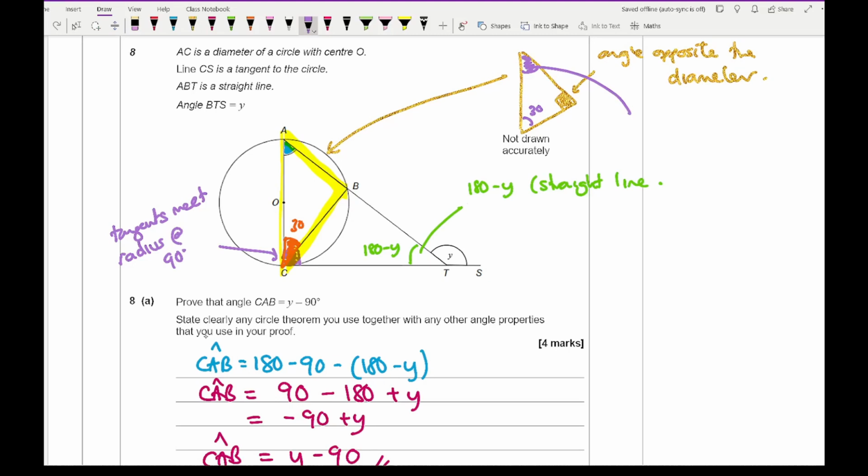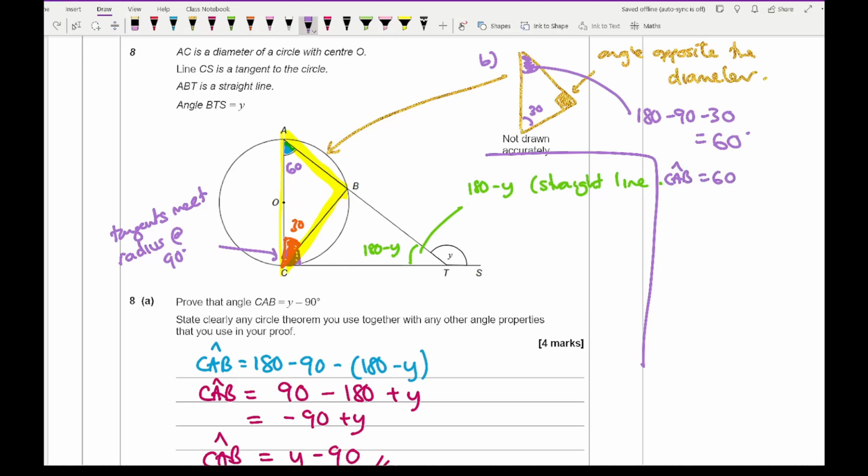Now that angle there is going to be 180 minus 90 minus 30, which is 60 degrees. So if I label that B, if this angle here is 60, now that's angle CAB, so CAB equals 60.